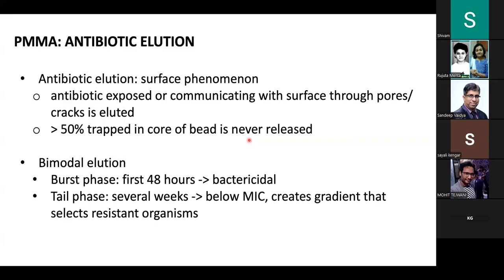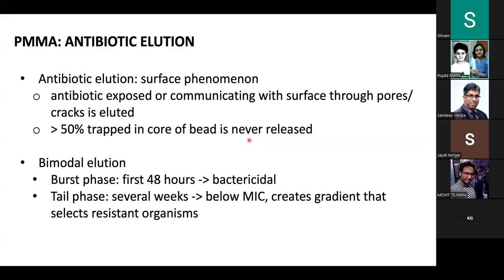Another negative point of PMMA is its bimodal elution. Typically in PMMA, in the first 48 hours after the surgery, you get a burst phase where the local antibiotic concentration is very, very high. But this soon tapers off and you get what is known as the tail phase, which lasts for several weeks.